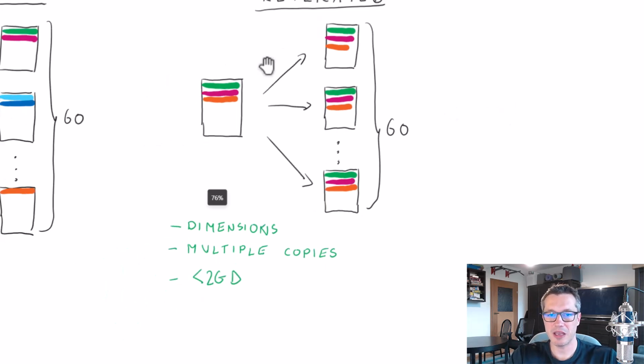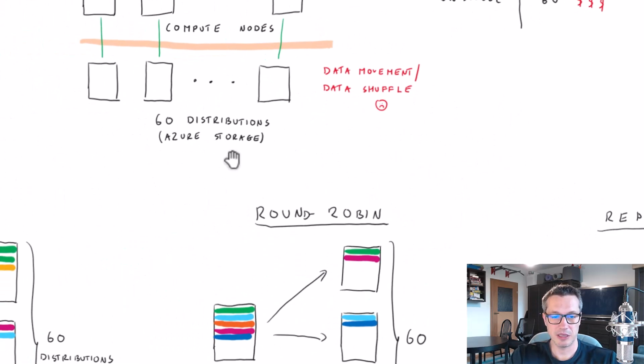And that's how you can impact the way your data is stored inside those distributions. First, to make your queries faster by storing the data in a place that will be instantly available to your compute nodes.